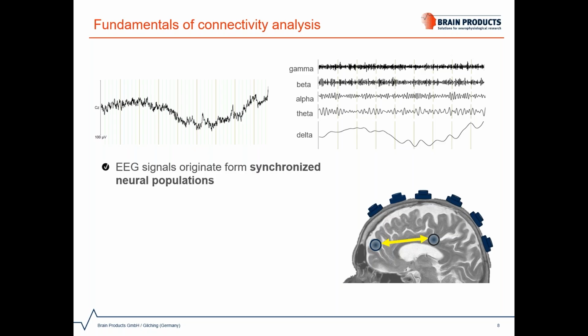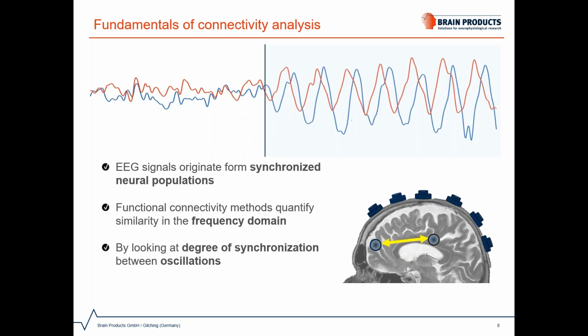Most functional connectivity measures quantify the interaction between EEG signals on the basis of these oscillations. That's why many methods are based on frequency domain data. Oscillations are assumed to interact if they are synchronized. So, for example, in the case of these traces, both start oscillating at a certain time point, and these are also highly synchronized.